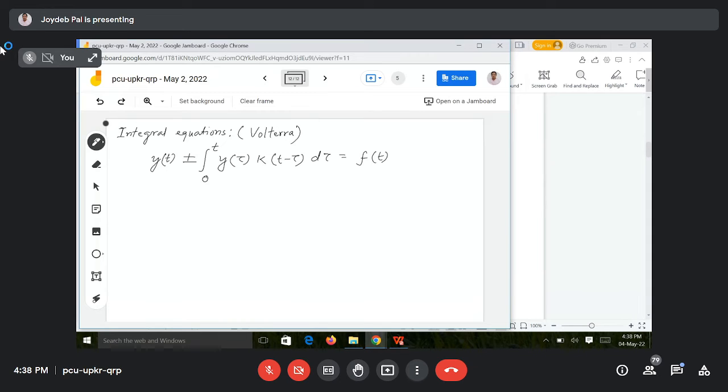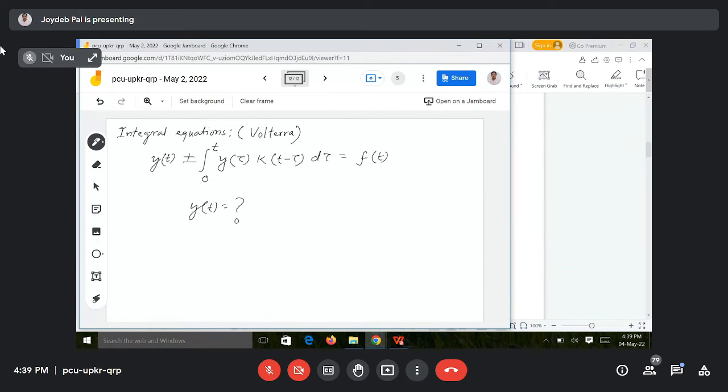Any doubt here? Don't think that a single equation contains both the signs plus and minus. It may be plus, it may be minus. Solving this integral equation means you have to find y(t) is equal to what.